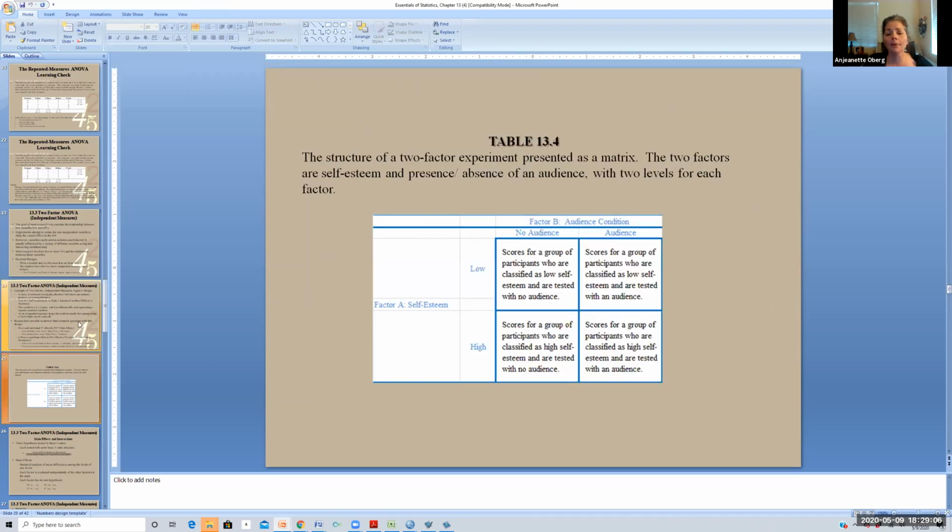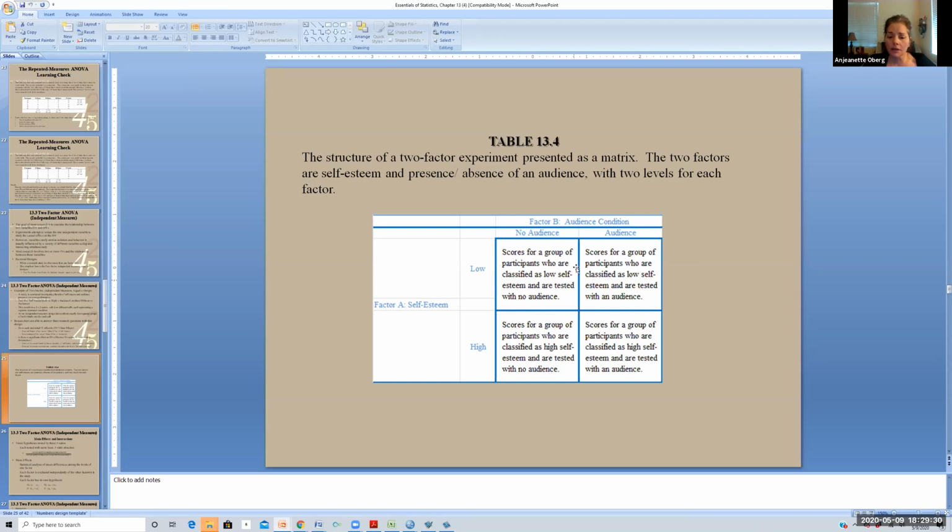So here we are illustrating what a 2x2 matrix looks like visually. So we have over here, factor A is self-esteem. They can either be in a low or high condition. And then factor B is audience condition. They can be a no audience versus an audience.